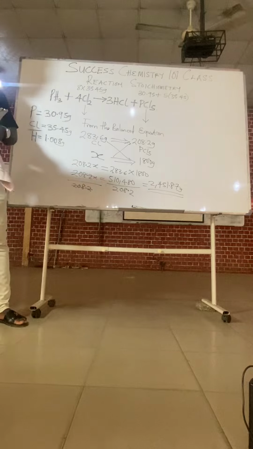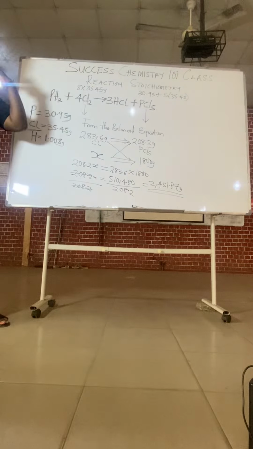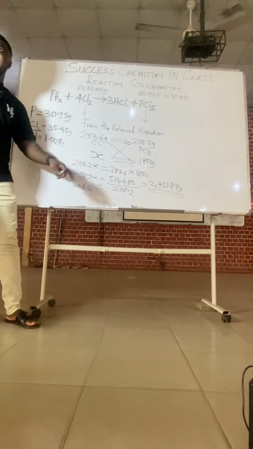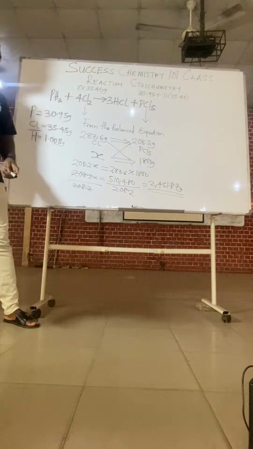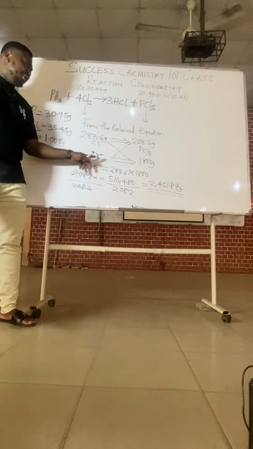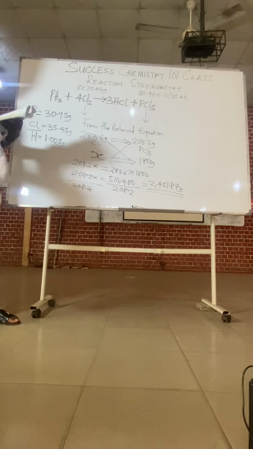But this one did not say mole, it said mass. They say what mass of chlorine will produce 1,800 grams of PCl5? Good.